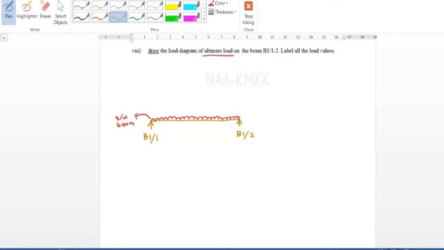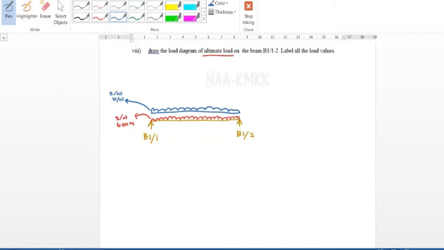Next, we know on this beam B112 there is also a brick wall, right? We also have a brick wall, guys. So here we have self weight of the brick wall.